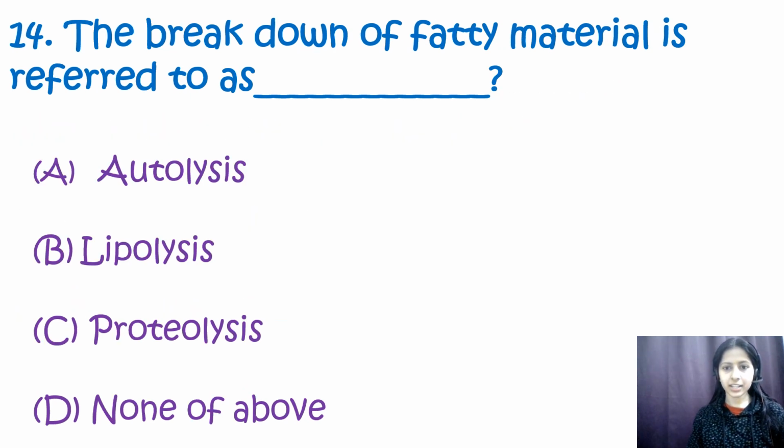Number 14. The breakdown of fatty material is referred to as option A, autolysis, option B, lipolysis, option C, proteolysis, and option D, none of the above. So the correct answer is option B, that is lipolysis.